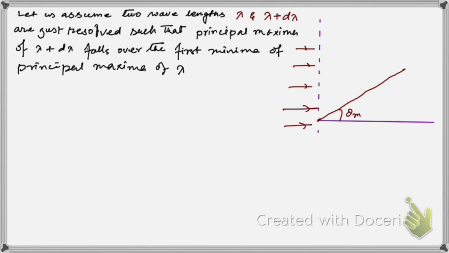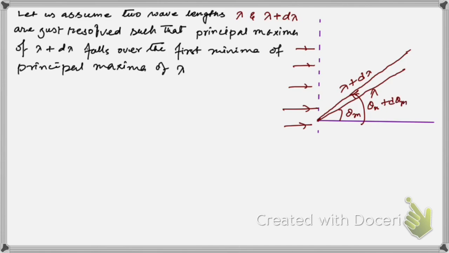Now a slightly different wavelength, that is lambda plus d lambda. Here the wavelength is lambda, the first one. This angle is theta m plus d theta m.